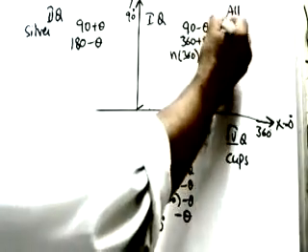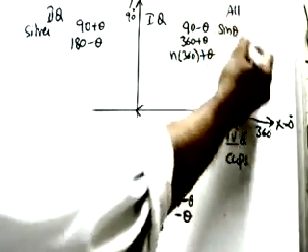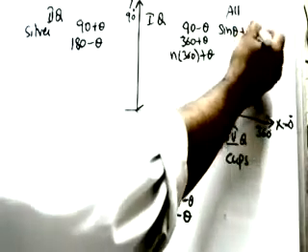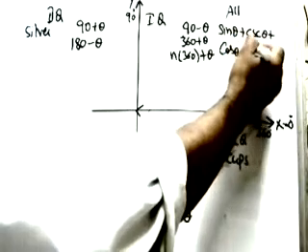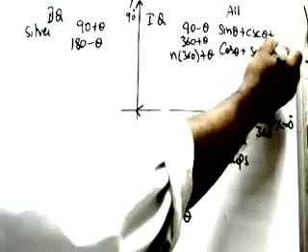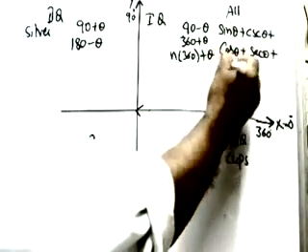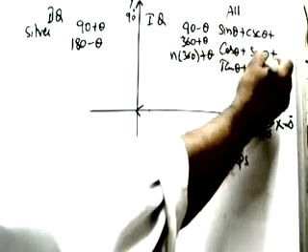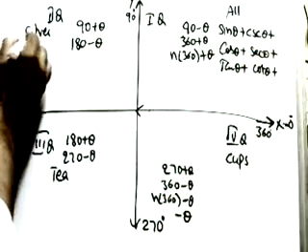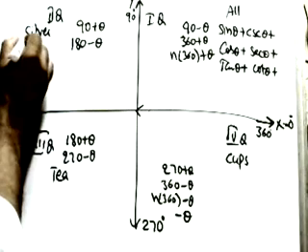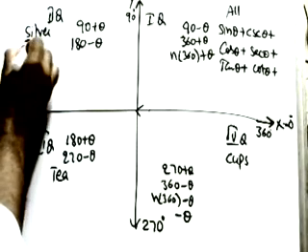What does it mean? All means all are positive in the first quadrant. Sine theta is positive, its reciprocal cosec theta is also positive. Cos theta is positive, its reciprocal secant theta is also positive. Tan theta is positive, its reciprocal cot theta is also positive. Whereas S here means sine.